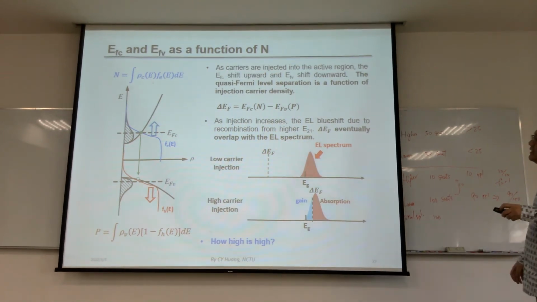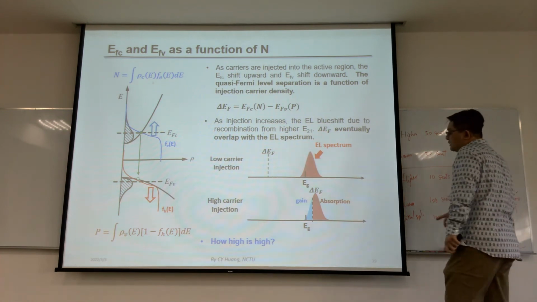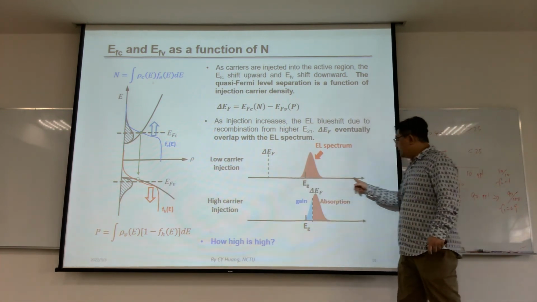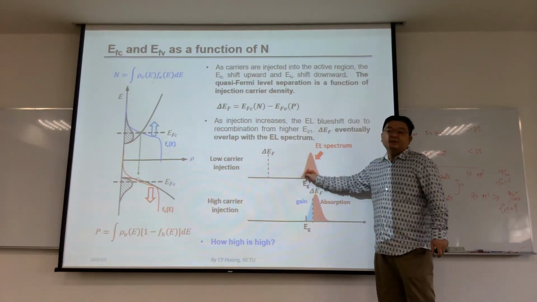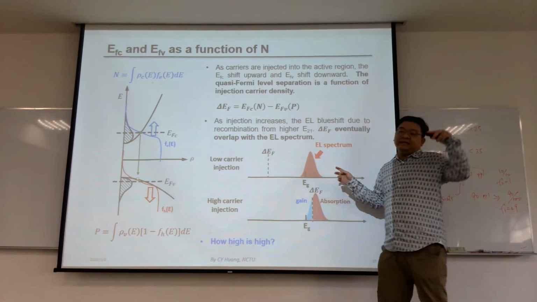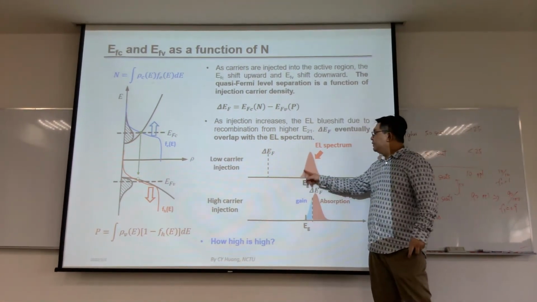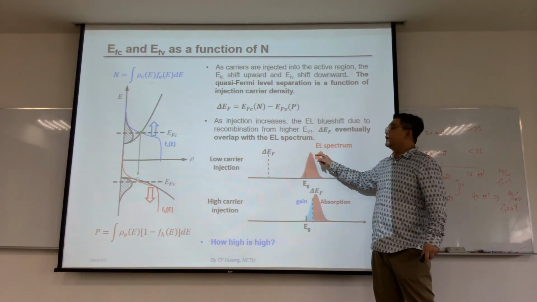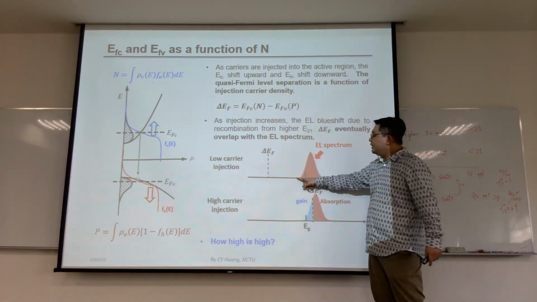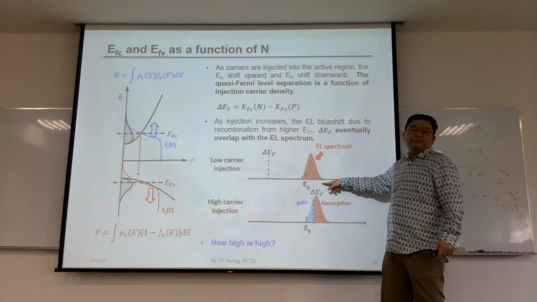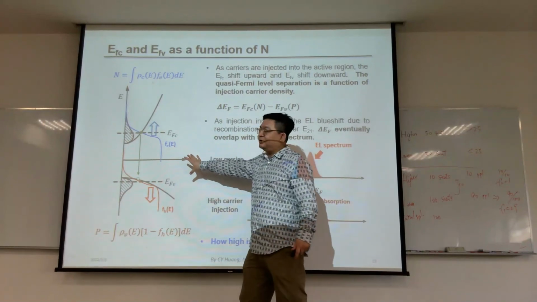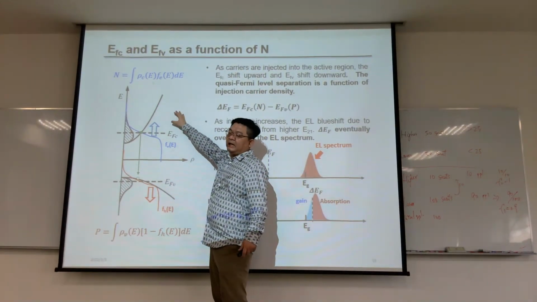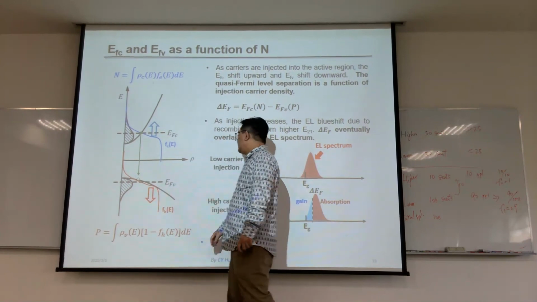So this is another conceptual drawing. Consider that the bottom axis is energy, and the band gap is here. If a material is excited by light, or injected with electrons, then your emission spectrum probably is around here. Then if you inject electrons much harder, you have a lot of electrons at the top and a lot of holes at the bottom.